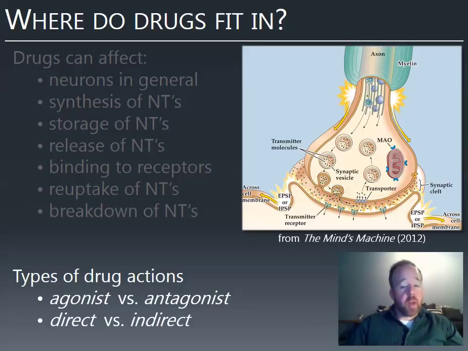Again, if it affects reuptake or affects the enzymes that break down neurotransmitters, those would be indirect forms of action. Whereas if it binds to a receptor and keeps that receptor from working, that would be a direct antagonist. And you can mix and match these terms. You can have direct antagonists or indirect ones, direct agonists and indirect ones. And we'll talk about all these things as we talk about individual drugs.